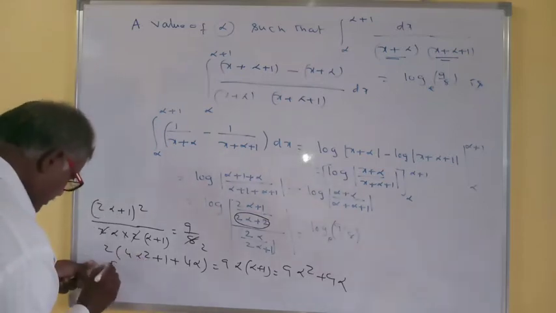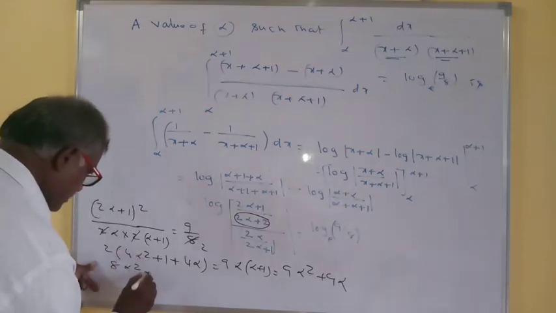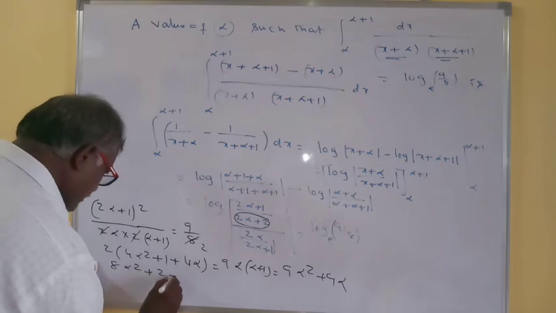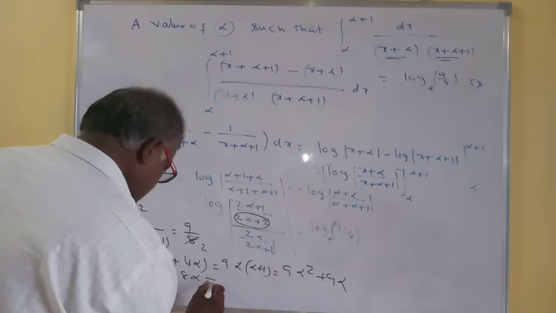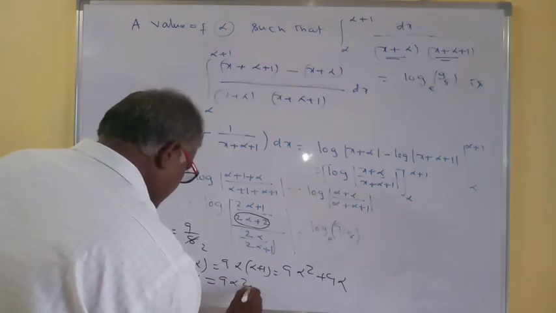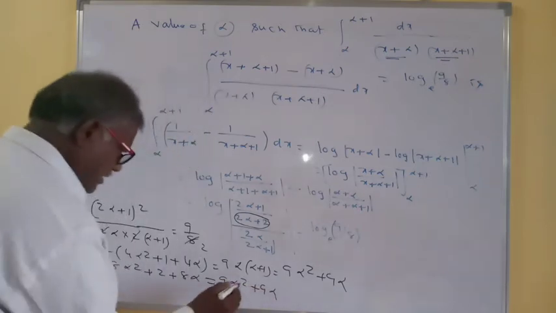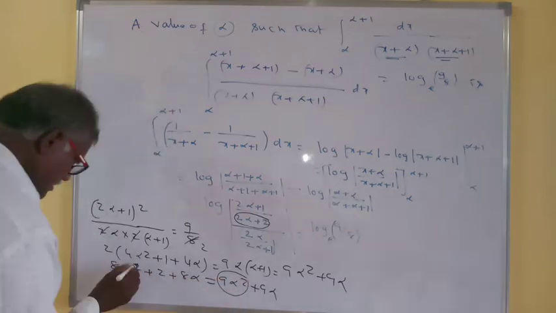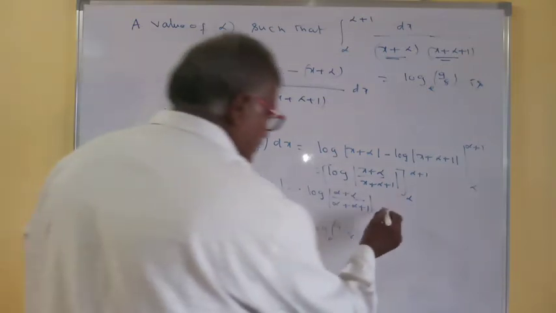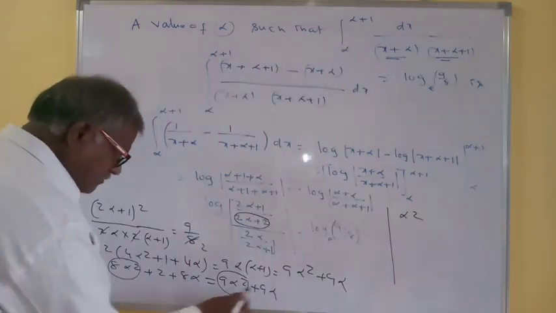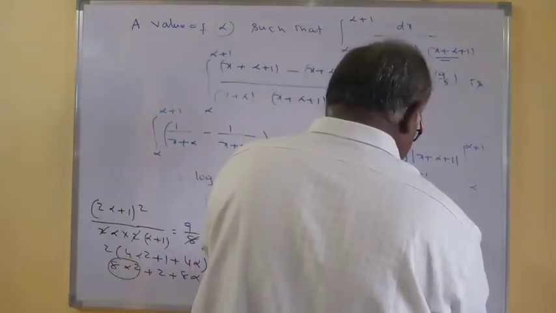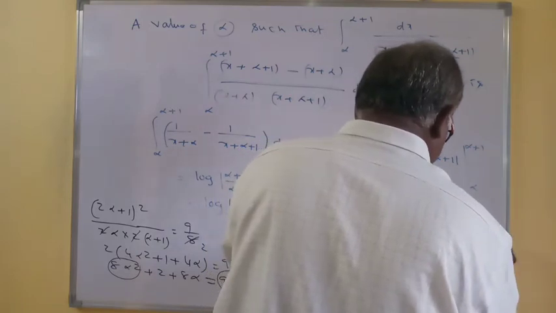2 into 4, 8. 8 alpha square, 2 into 1, 2, plus 8 alpha is equal to 9 alpha square plus 9 alpha. Here 9 alpha square is there, here 8 alpha square is there, that means simply alpha square. Here 8 alpha and 9 alpha, so plus alpha minus 2 is equal to 0.